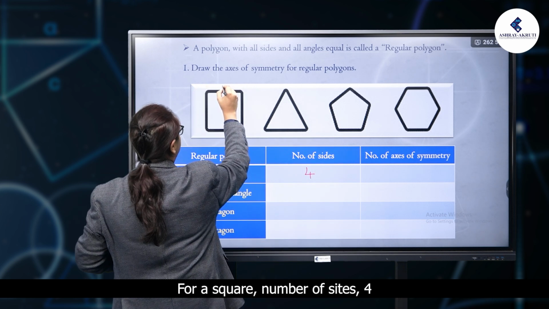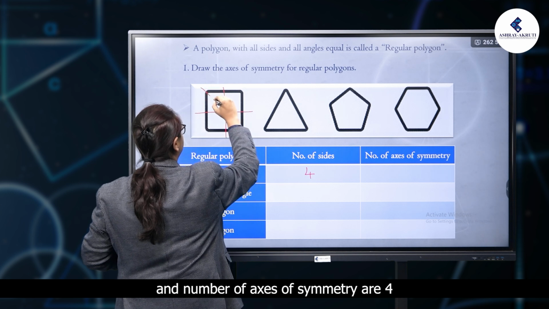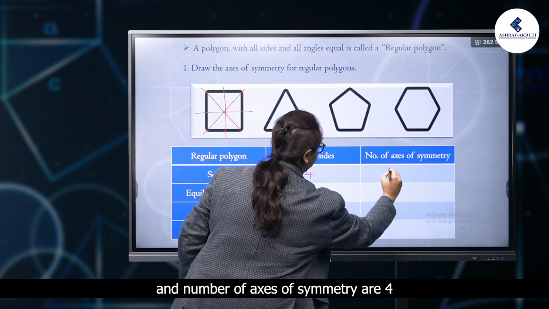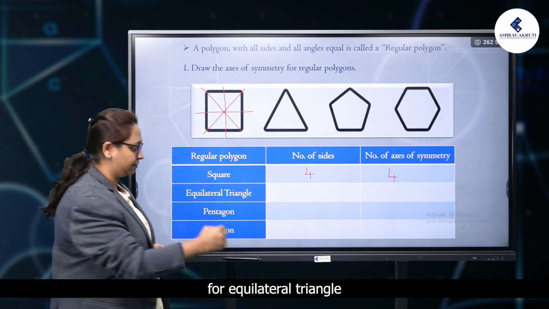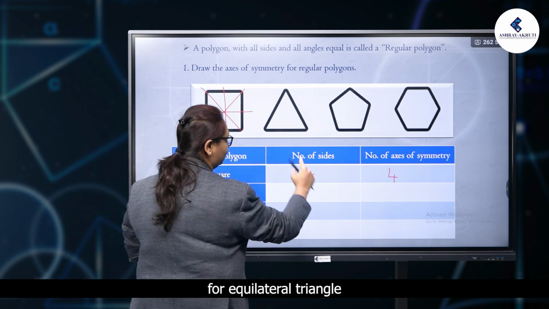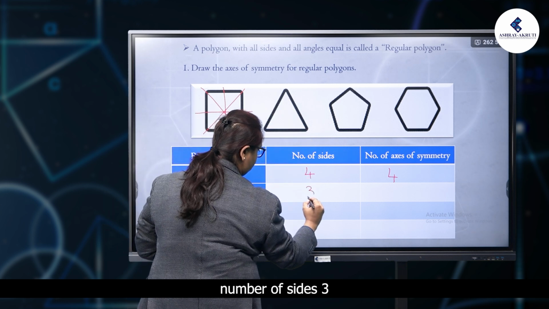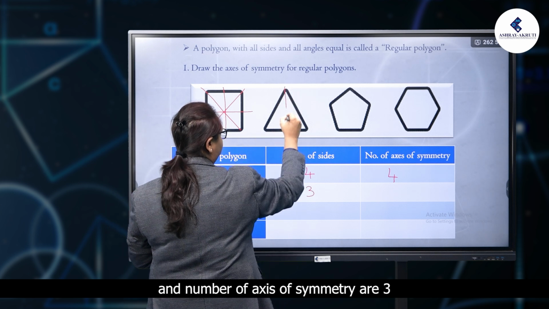For square, number of sides 4 and number of axes of symmetry are 4. For equilateral triangle, number of sides 3 and number of axes of symmetry 3.